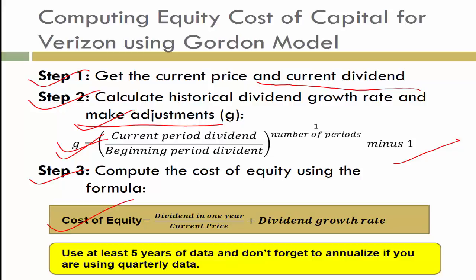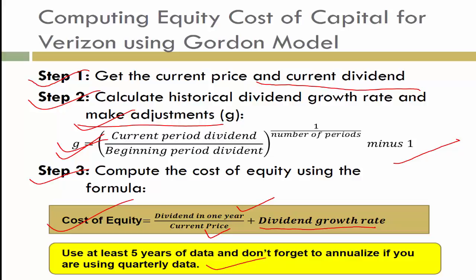Cost of equity equals dividend paid in 1 year over current price plus dividend growth rate. And keep in mind, use at least 5 years of data, and if you are using quarterly dividend, don't forget to annualize that. So let's see how we do.